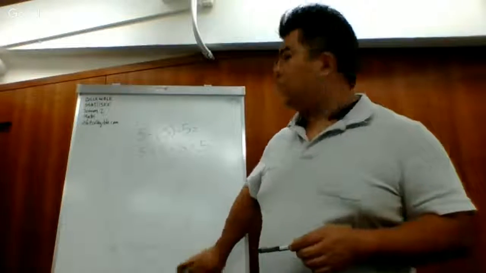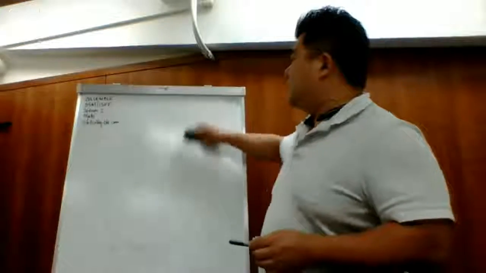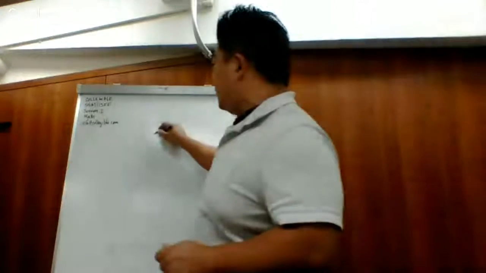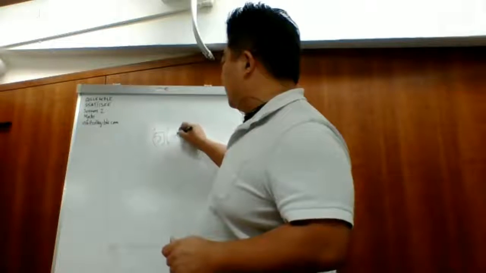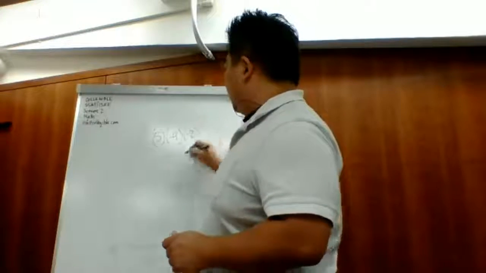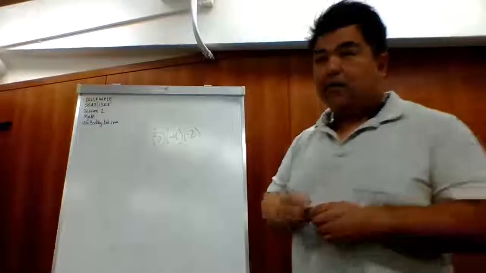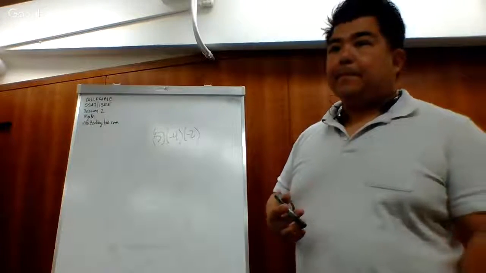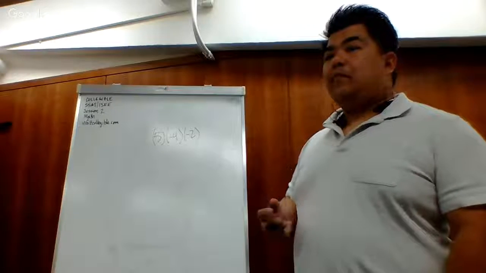Kiana, you want to do number 7 for us? 5... negative 6. Yeah. So what's going on here? Negative... Right?